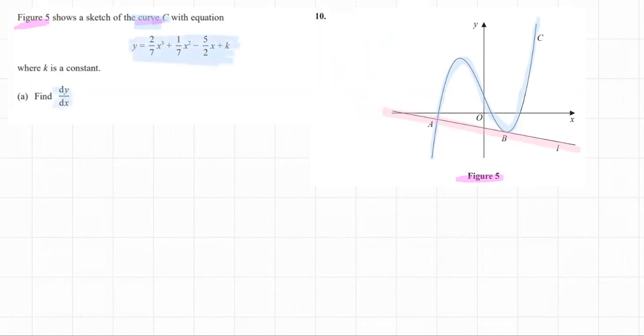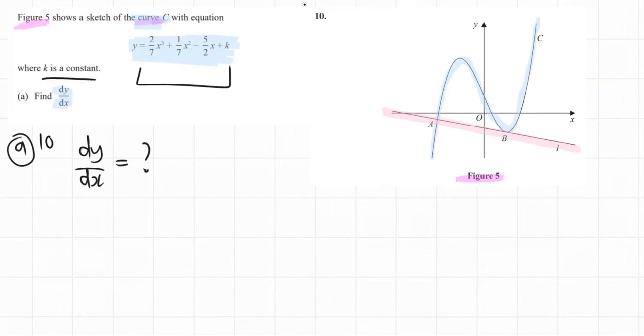Find dy/dx. So part 10a, dy/dx is the first derivative.